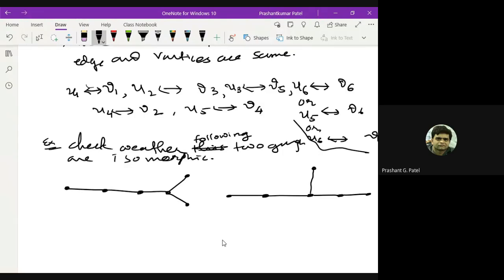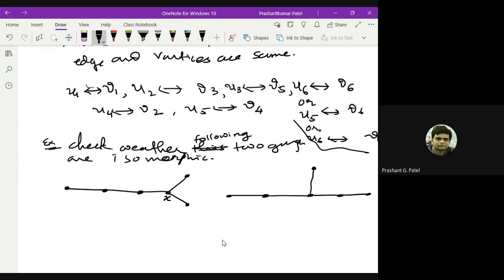Suppose they are isomorphic, okay, then there will be a 1-1 correspondence between the two. But what is the difference I can find here? There is one edge, this X, which connects with two pendant vertices here. Is there any edge which connects with two pendant vertices here?